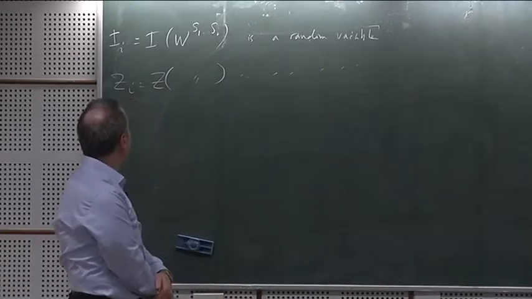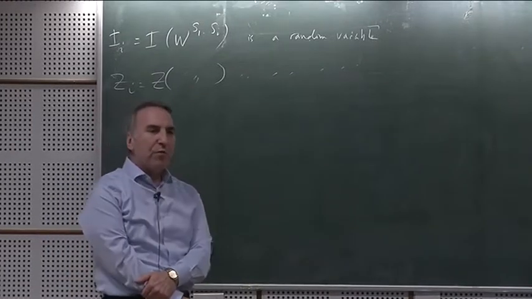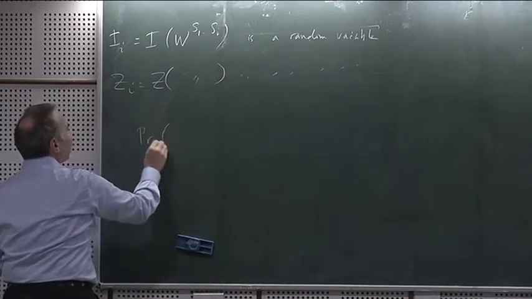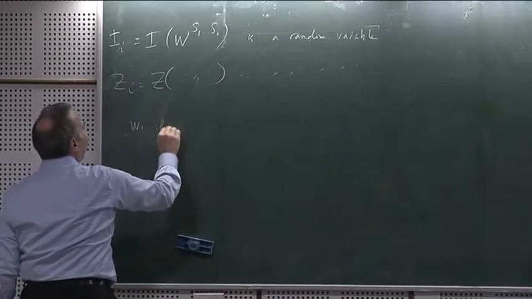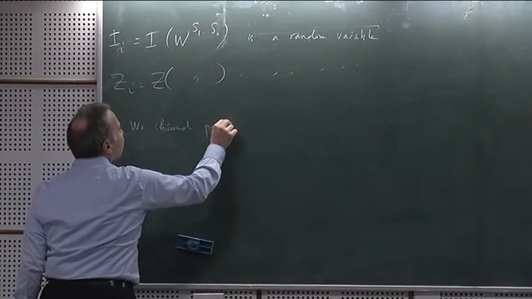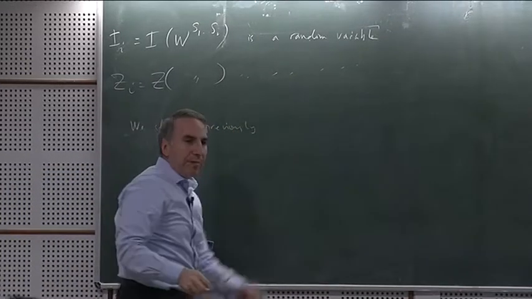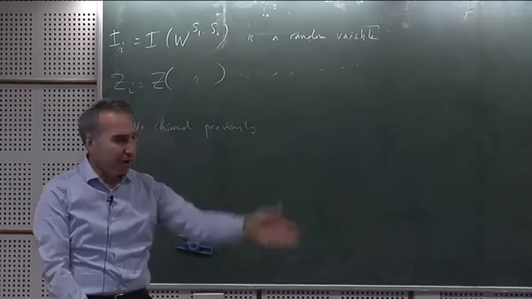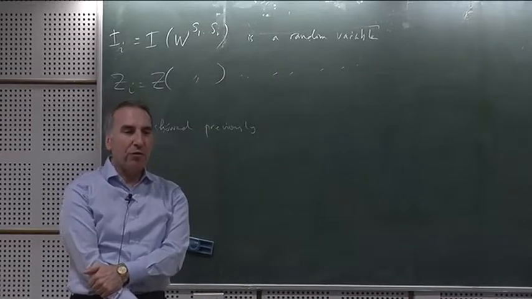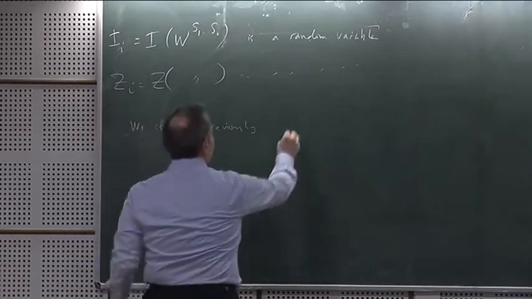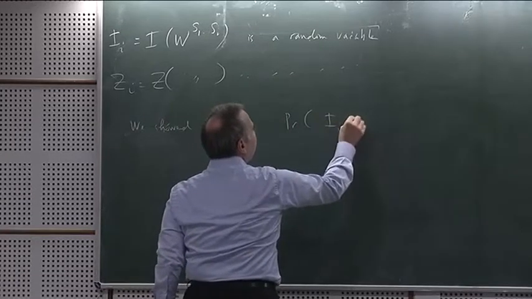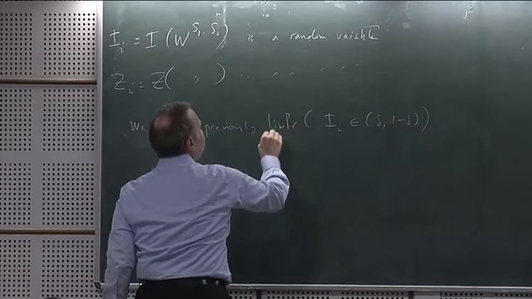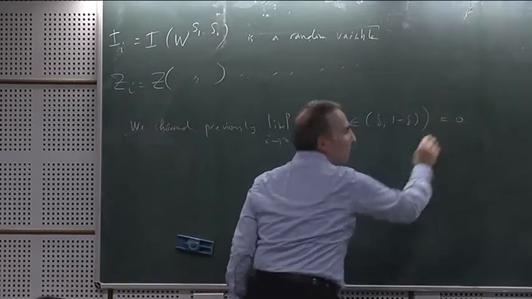Okay. Good. So now, what we showed before was the following thing. What we previously showed, by simply saying that the fraction of channels at level I, or at column I, which are moderate, goes to 0, was that the probability that the I sub I is in the interval delta to 1 minus delta, the limit as I goes to infinity, is 0.